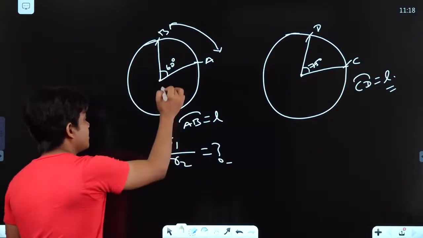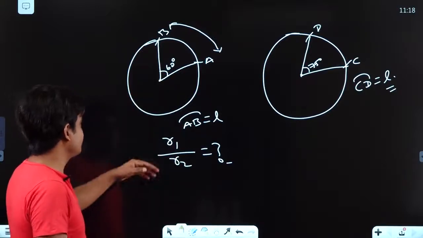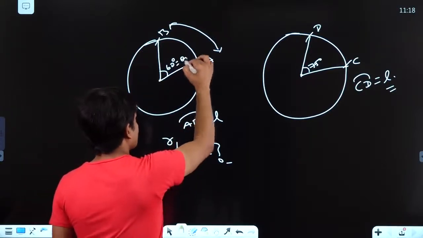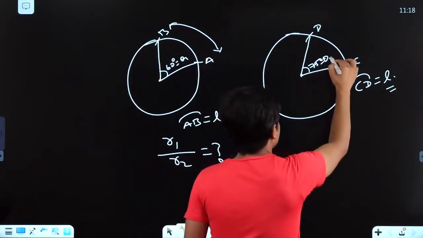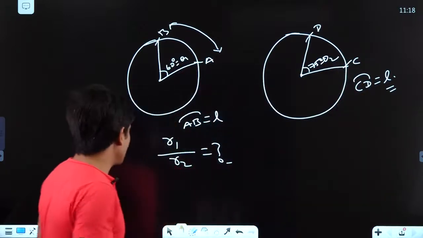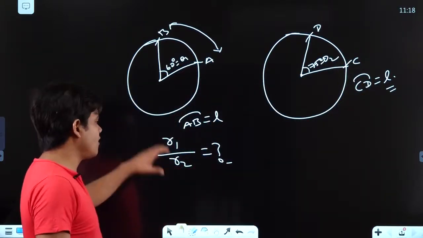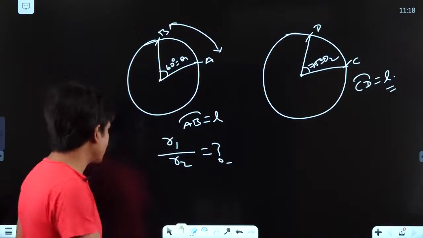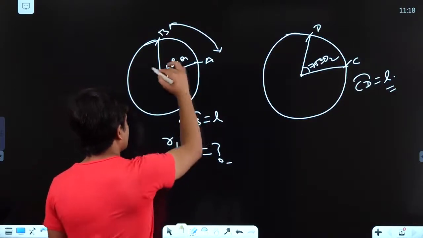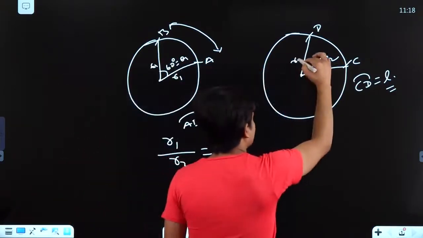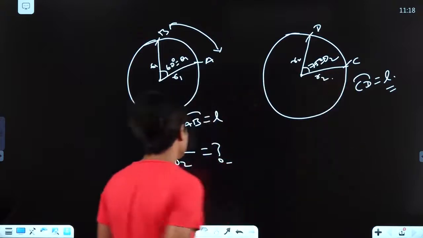So think this is your theta 1, this is your theta 2. Now you have to find the ratio of R1 and R2. This one is your R1 and this one is your R2.